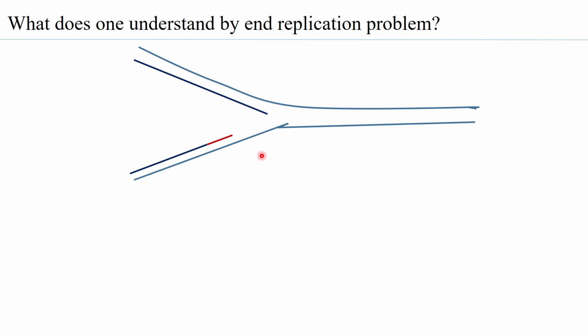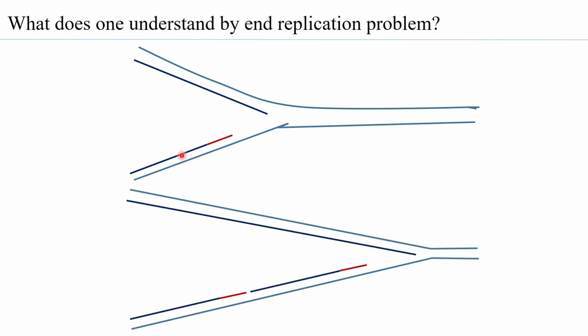Because of the DNA opening up, you have one strand being synthesized continuously and the other strand being synthesized in fragments, and those fragments are called Okazaki fragments. So this strand is what is called the lagging strand synthesis. As the fork moves forward, you will have the leading strand being synthesized continuously, while the lagging strand has Okazaki fragments.